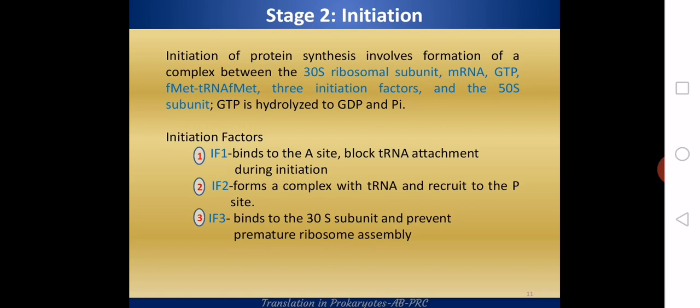Within the ribosome, as we have the 30S and 50S subunits, these E, P and A sites are usually present in both the subunits. That means in both the 50S and 30S we can see the P site and A site, but in case of the E site, most of the E site resides in the large subunit.